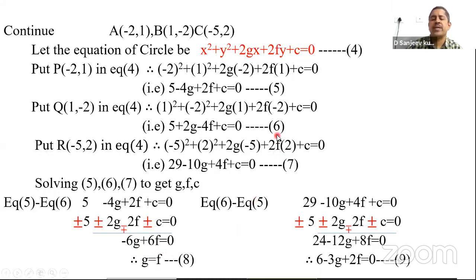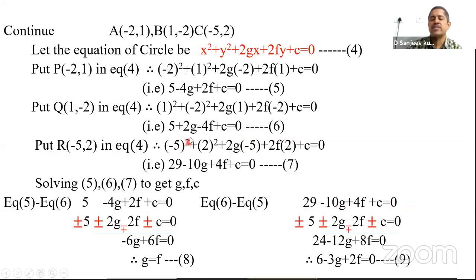Likewise, equation 7 minus equation 5. Equation 7 is 29 minus 10g plus 4f plus c is equal to 0.